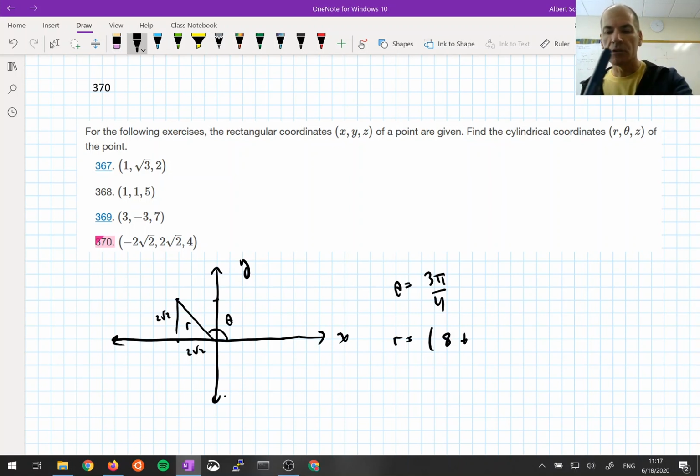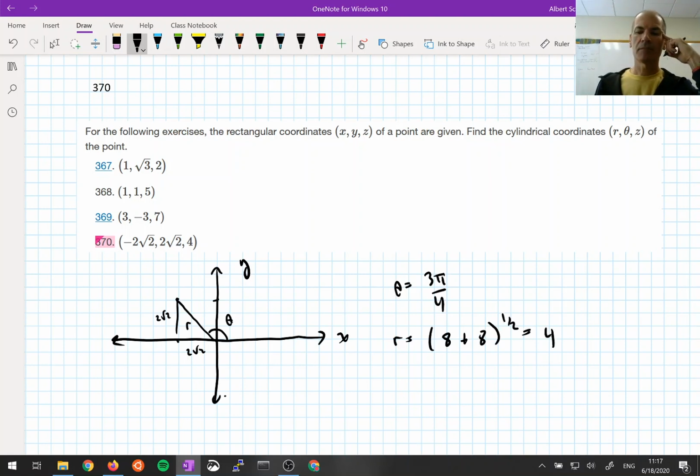Another 4 times 2, 8. Square root of 16 is 4. So r is 4. And finally z, just going along for the ride, is 4. So in cylindrical coordinates, this Cartesian set of coordinates would be (4, 3 pi over 4, 4).